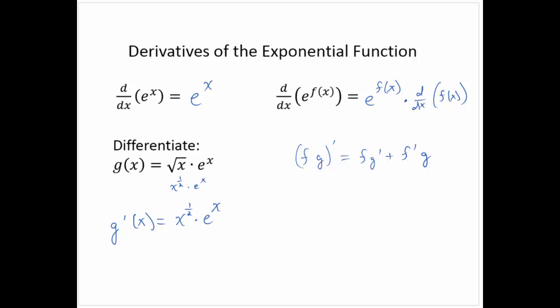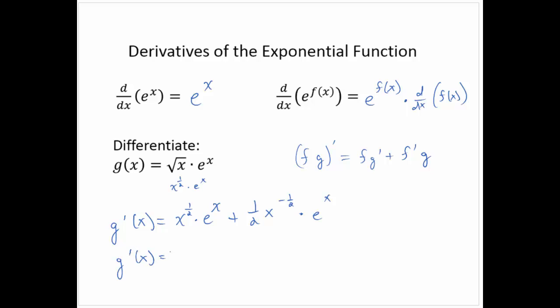All right, so, and then plus f prime. The derivative of the square root of x, that would be 1/2 x to the negative 1/2 times g, e to the x. All right, now I'm going to do a little bit of factoring here to clean this up.